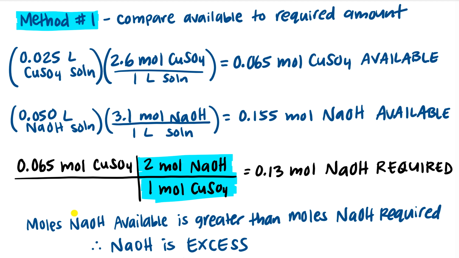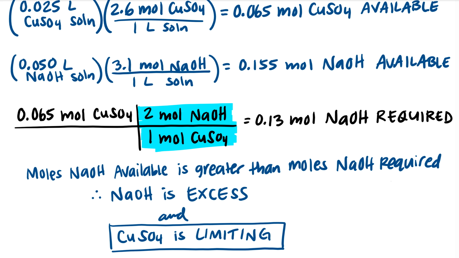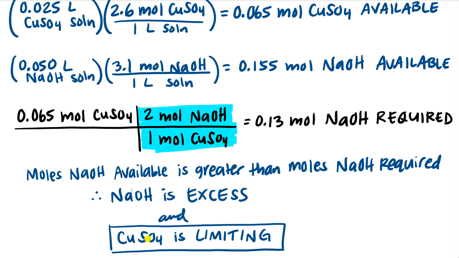And so we then compare the amount of sodium hydroxide available to the required amount. And we see here that we have a greater amount of available sodium hydroxide than the required. So the sodium hydroxide is the excess reactant, which means the copper sulfate is going to be the limiting reactant.